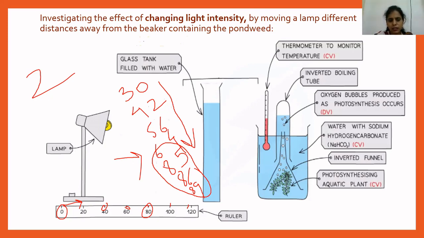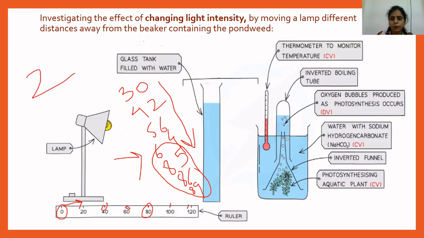Because after a certain distance, apart from light intensity, there are other factors required for photosynthesis, like the amount of carbon dioxide, the amount of water, or temperature. These other factors essential for photosynthesis have become limited.